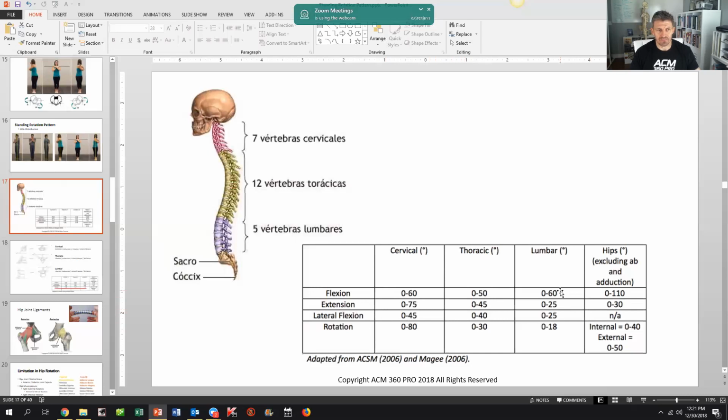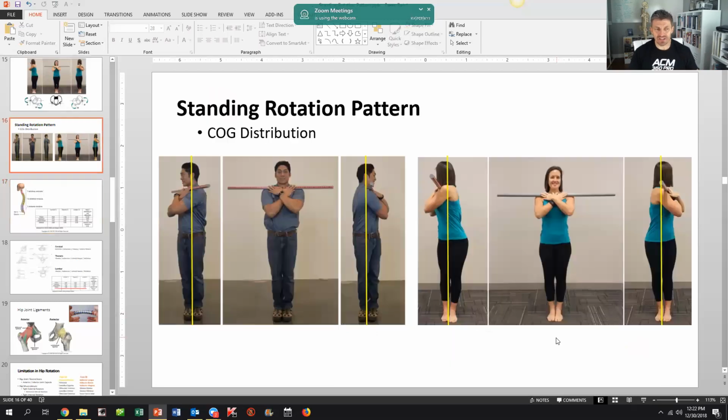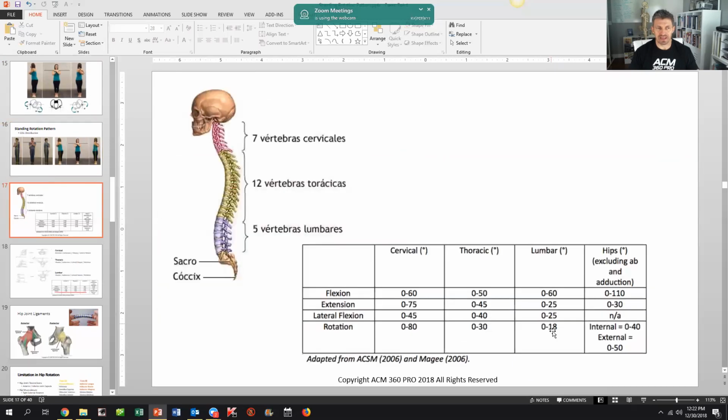Lumbar area, obviously flexion is what our lumbar spine likes to do. Extension is very limited, and that's why, in the backward bend pattern, we're really looking at thoracic extension. It's not comparable to the ability of the lumbar spine to go into flexion. It's about a third of that in extension. Lateral flexion is about the same. The vertebrae are not aligned to allow for lateral flexion, and even less so in lumbar rotation.